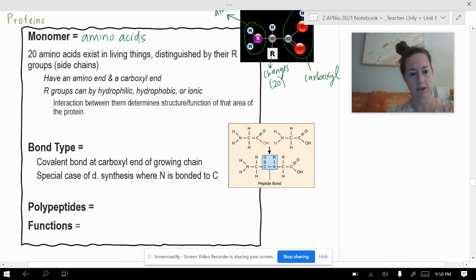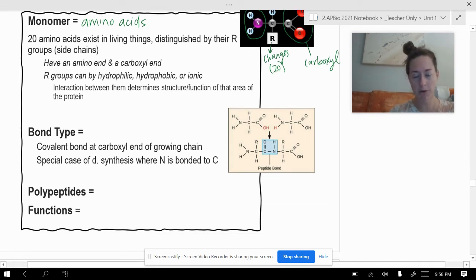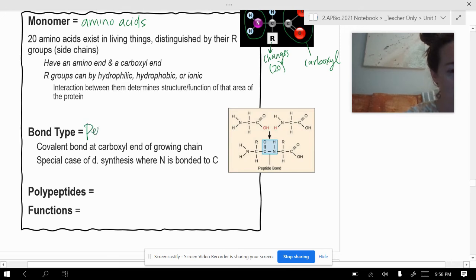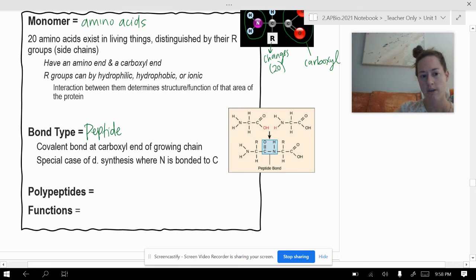Okay, I'm going to go down here to the bond type. So the bond type in protein is called a peptide bond. It's still just a covalent bond. It's always done in the same order, though. So the carboxyl group of one will always bond to the amino group of the other.